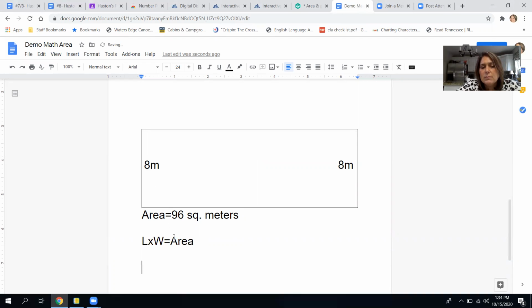So take that for a second. See if you were struggling, maybe now you can kind of figure it out. Okay, we don't know the length. The length is L. But we do know the width, and that is 8. And we do know the area, which is 96.